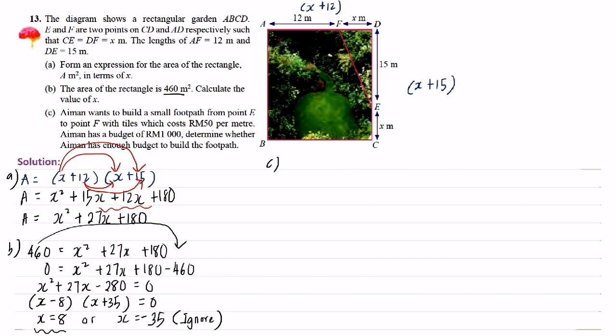First, we need to find the length from E to F. Okay, FD equals 8 meter and DE equals 15 meter. So EF is a hypotenuse.